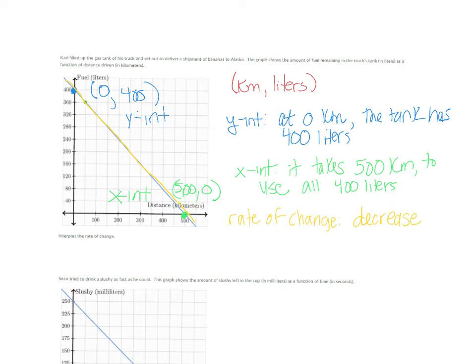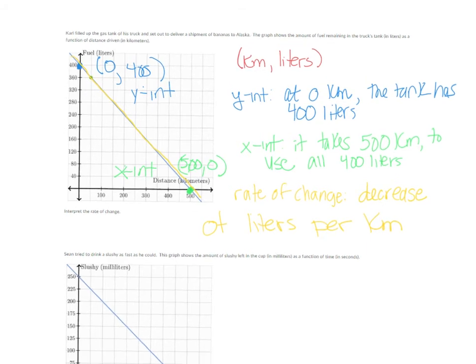And it's a decrease of, think about the change in y over the change in x, the amount of liters of gas per the amount of kilometers driven. And so although we're not going through and finding these values, finding the rate of change, we're working on interpreting them. What do they represent? What do they mean in the problem?